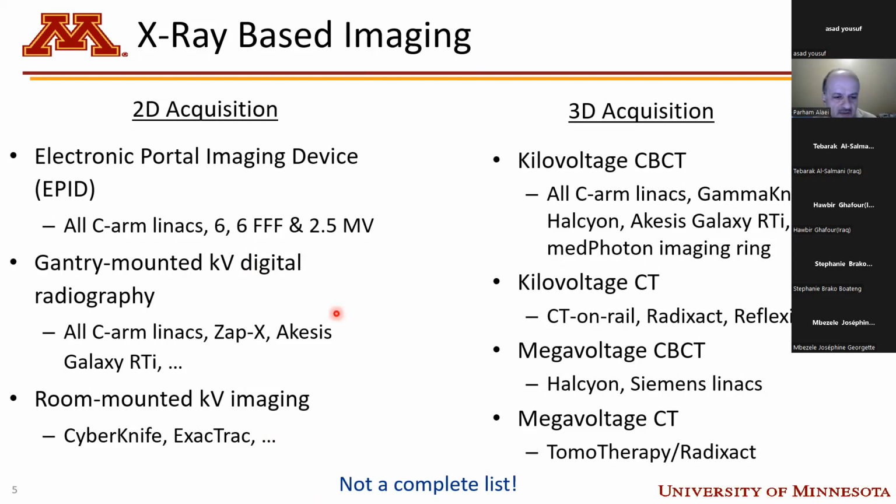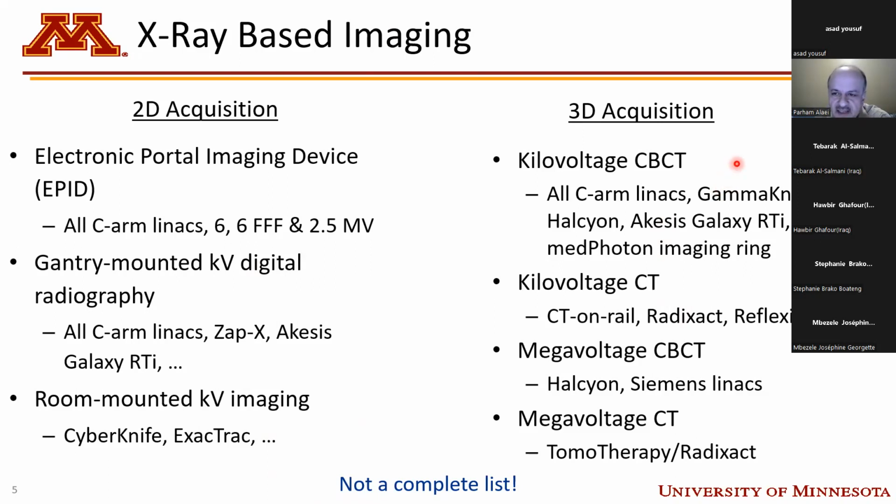There is room-mounted kV imaging like CyberKnife and ExacTrac, which have been used for quite a few years, and they are often used for interfraction and intrafraction motion management, or patient motion management as well. The right-hand side is the 3D acquisition ones. Kilovoltage cone-beam, as I mentioned, is the most common.